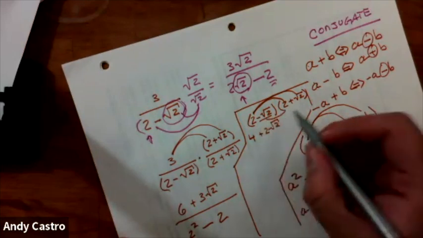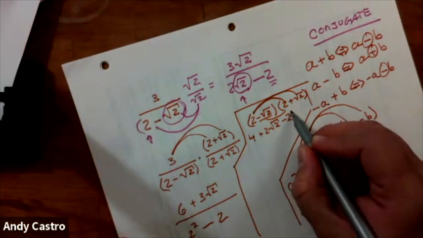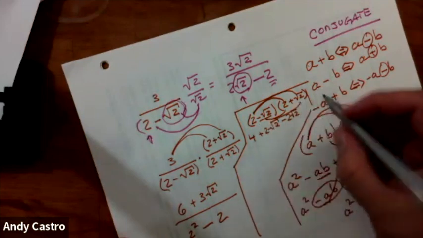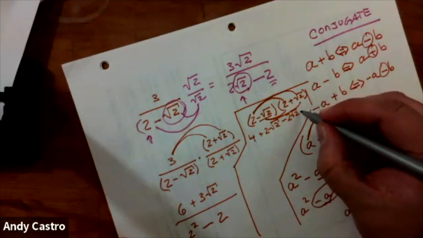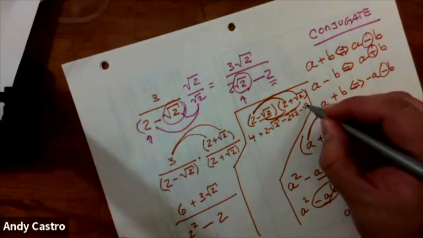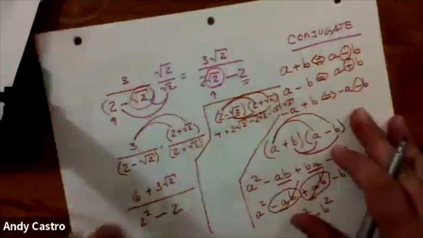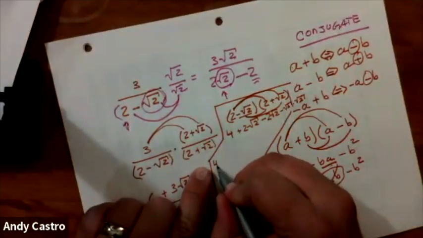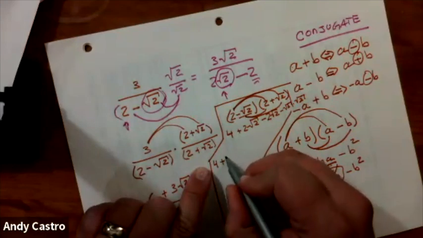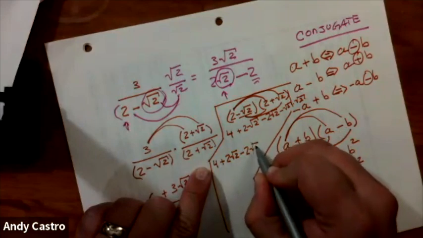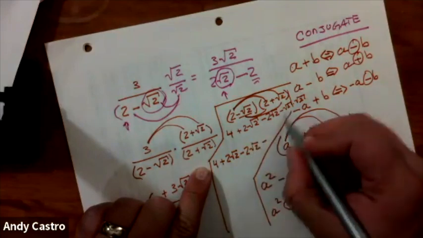Minus square root of 2 times 2 is minus 2 times the square root of 2. Minus square root of 2 times positive square root of 2 is minus square root of 2 times square root of 2. So what I'm left with is 4 plus 2 root 2 minus 2 root 2 minus 2.